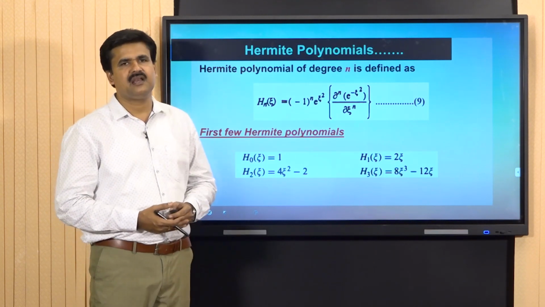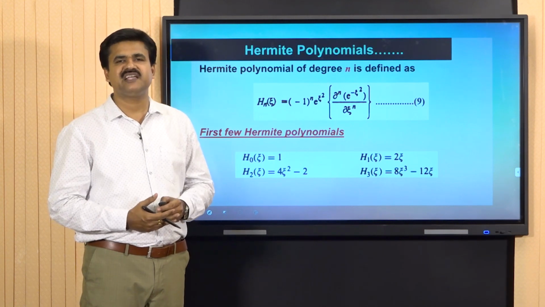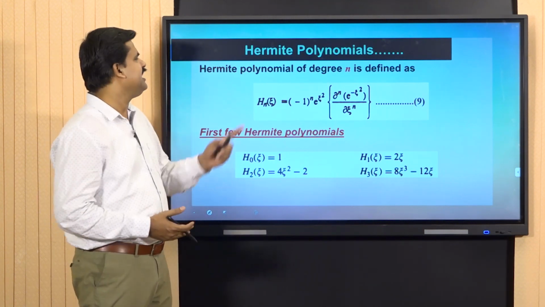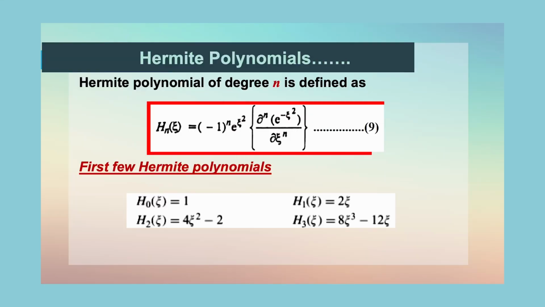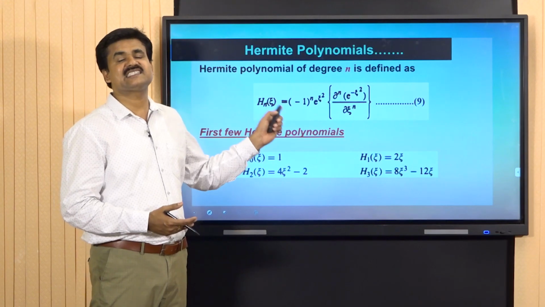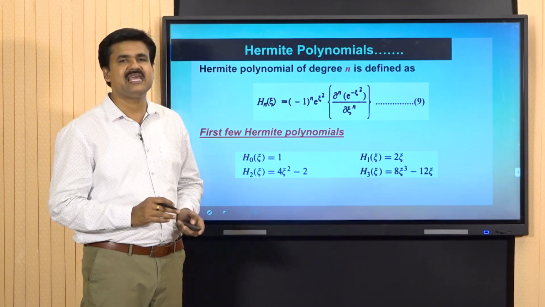The Hermite polynomial of degree n can be defined mathematically: Hn(ψ) is equal to (-1)^n e^(ψ²) ∂^n e^(-ψ²) divided by ∂ψ^n. This is the mathematical expression for the Hermite polynomial.